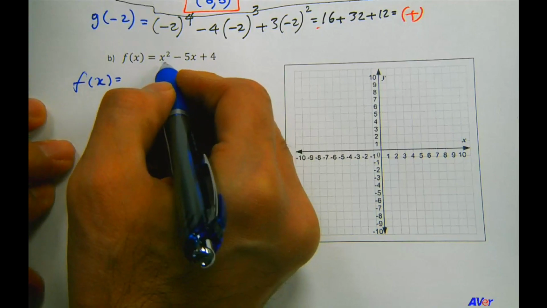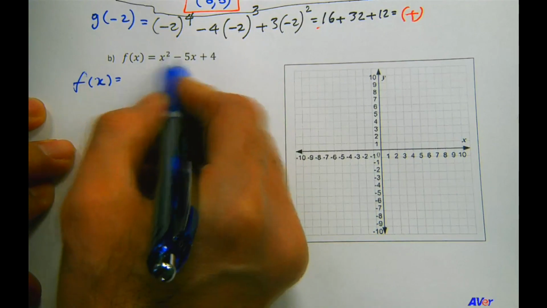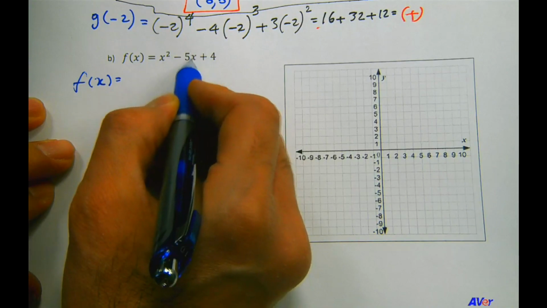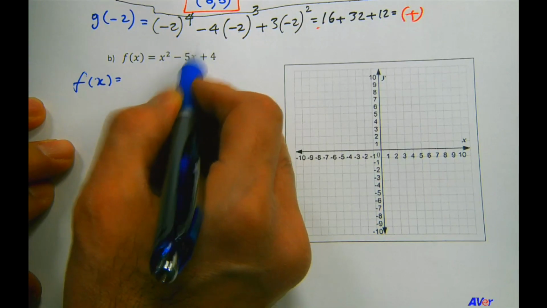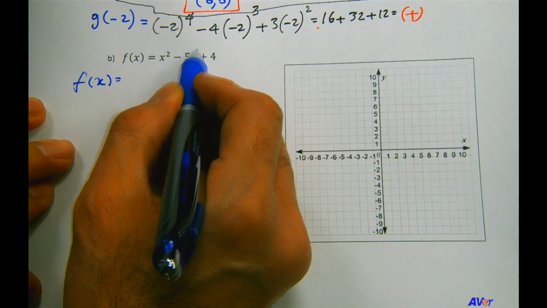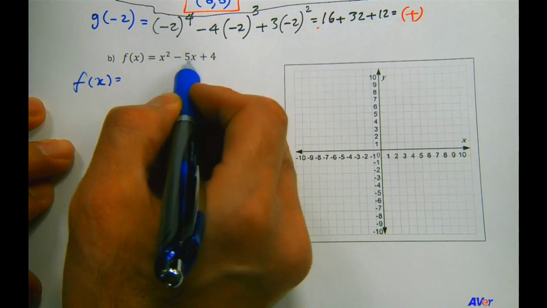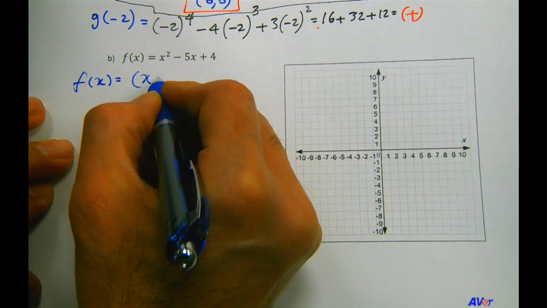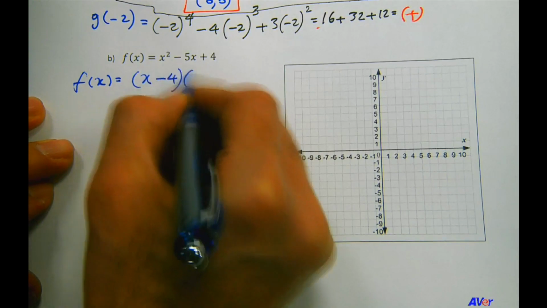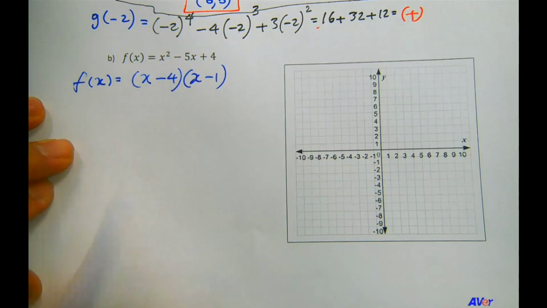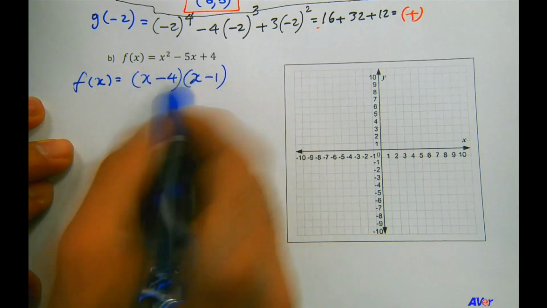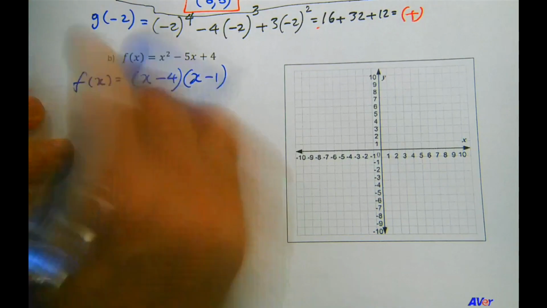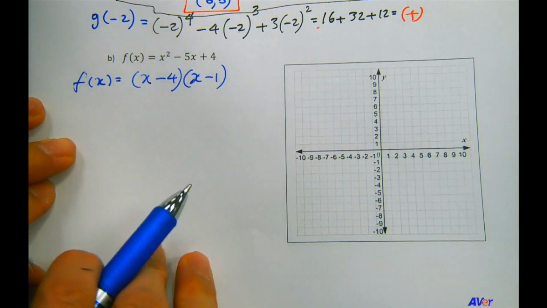Quadratic functions are polynomials as long as the x is not in radical form or doesn't have an irrational exponent like over here. So we can easily factor this into x minus 4 times x minus 1, right? If you FOIL these factors, you're going to get that back. So it was an easy equation to factor.